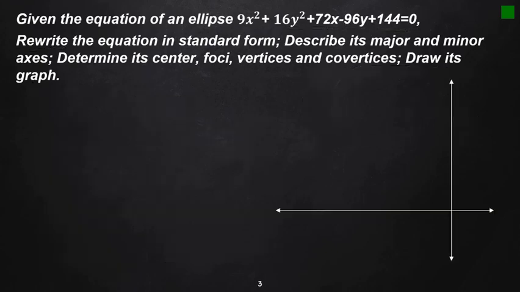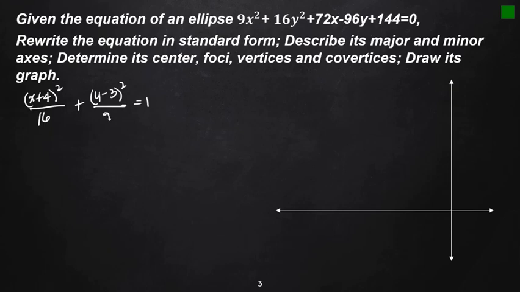So let me copy here the equation that we were able to come up with from the given equation: x plus 4 quantity squared over 16 plus y minus 3 quantity squared over 9 equal to 1.